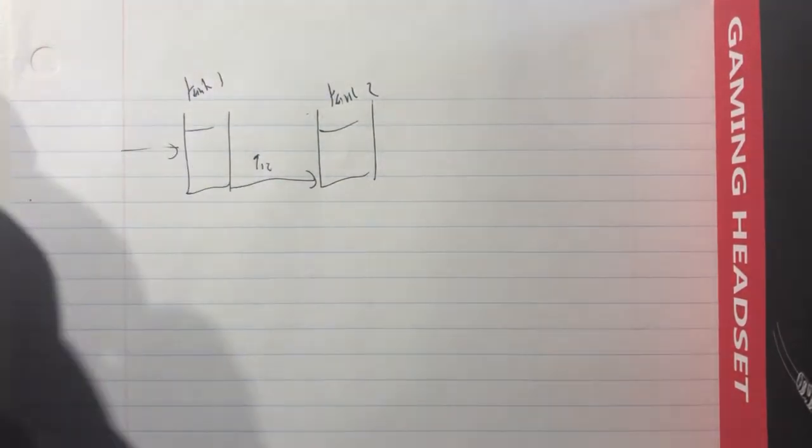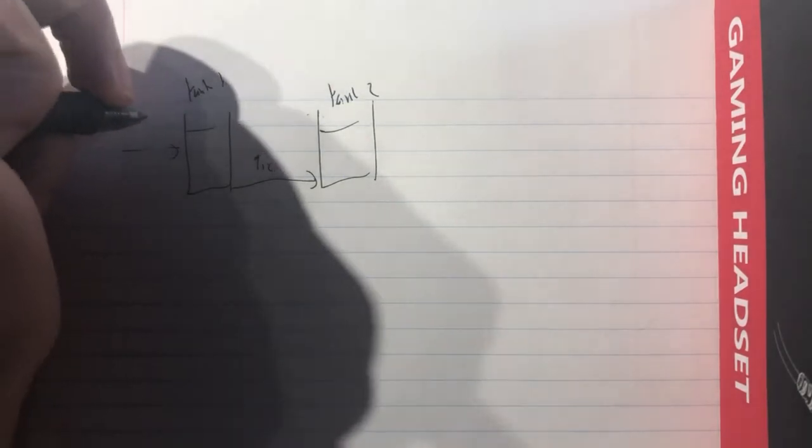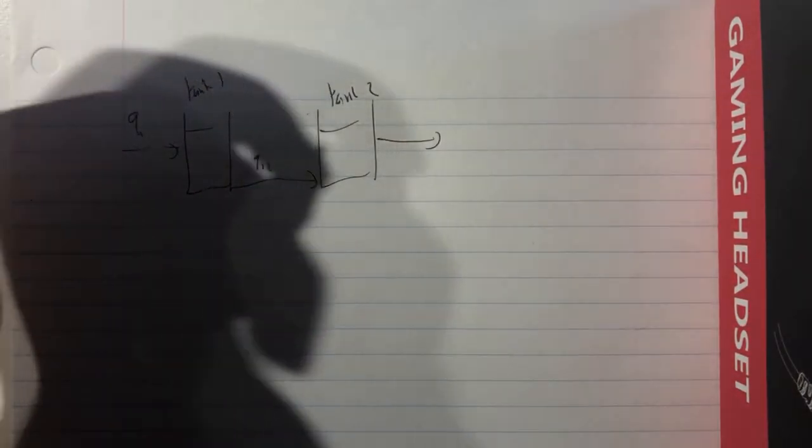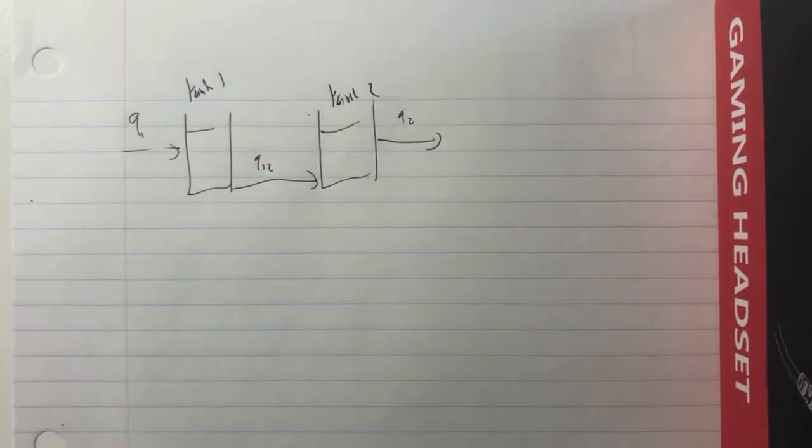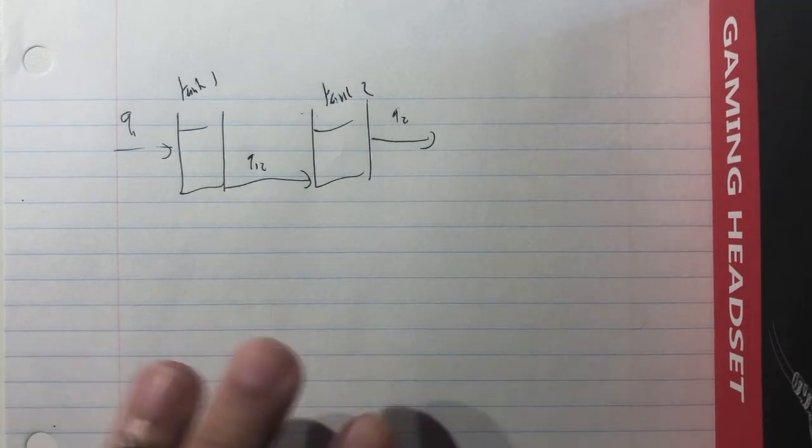We're going to call it Q12. Pipe flow going into tank 1, call that Q1, and a pipe flow going out of tank 2, Q2. It should probably be at the bottom of the tank, but pictorially it does not matter.